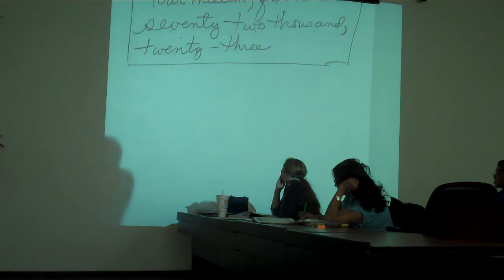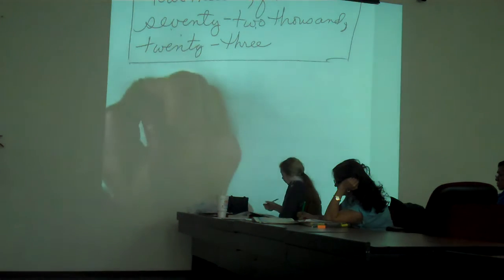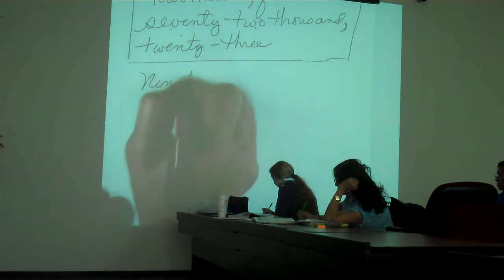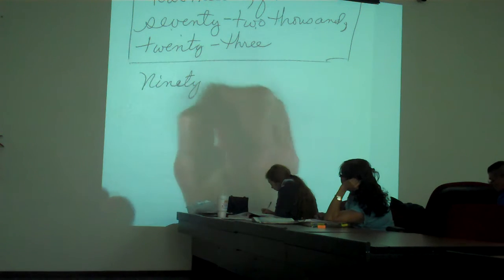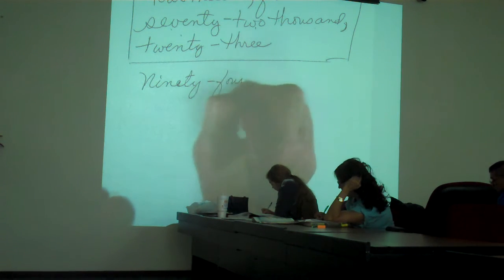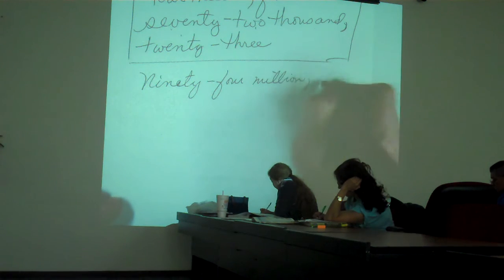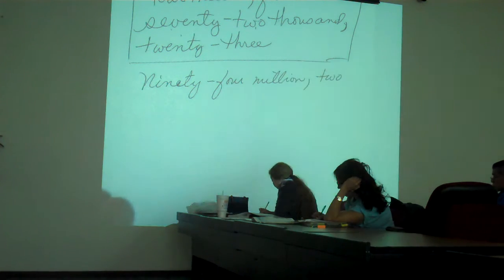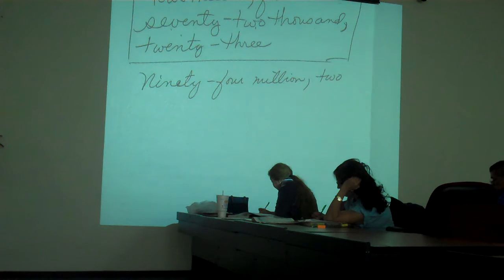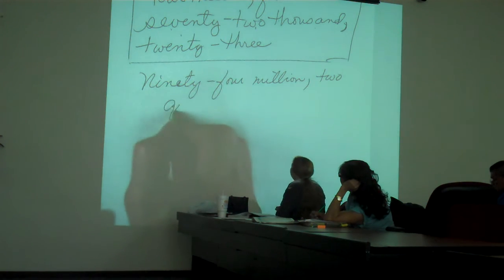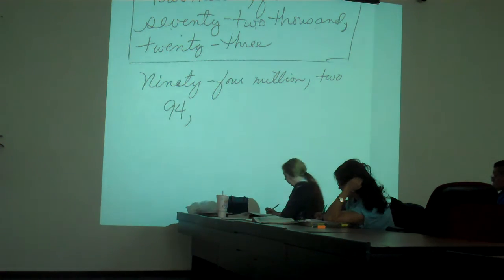Okay, if you have a problem written in words and you convert it to numbers. Say you have the number written out 94 million. What if it said just 94,000,002? We have 94 in the millions place.